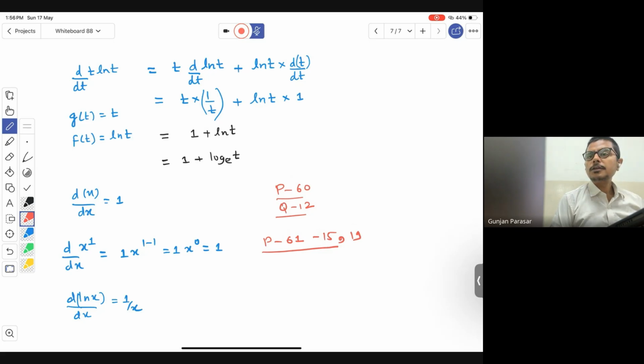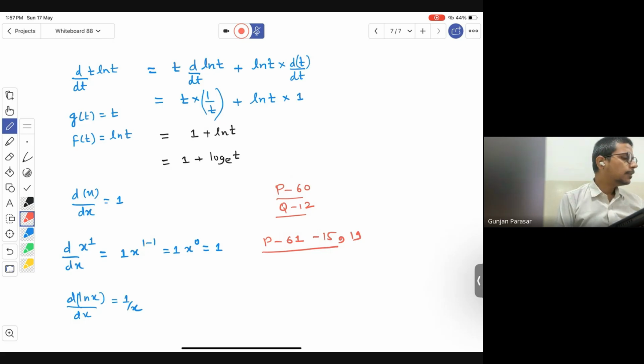So P is a quantity which is a function of t, and F is a quantity which is the differentiation of P. So when that quantity F is 0, when the differentiation of P is 0, correct? To find when the differentiation of P is 0, what will you do first? You will find the differentiation of P.